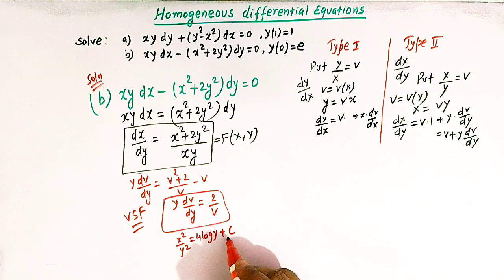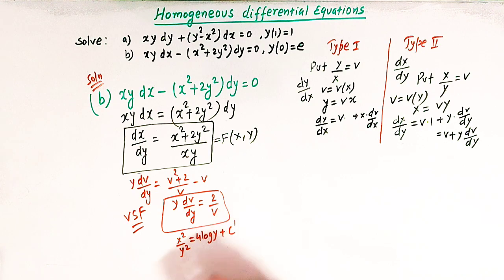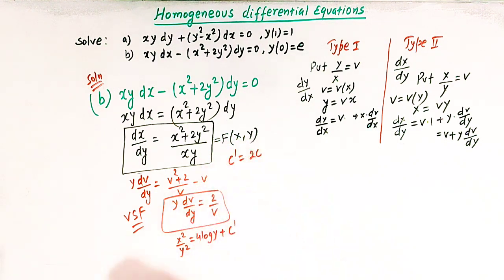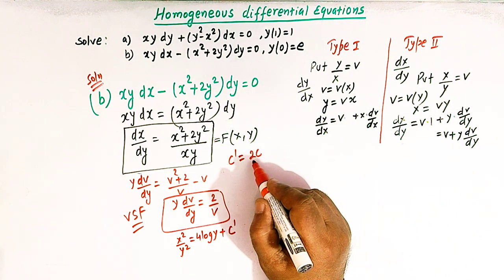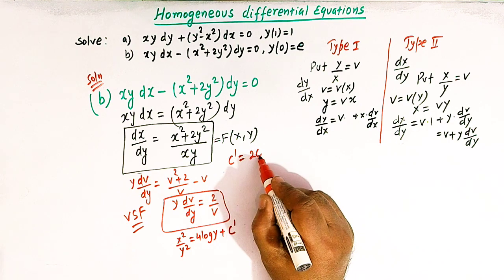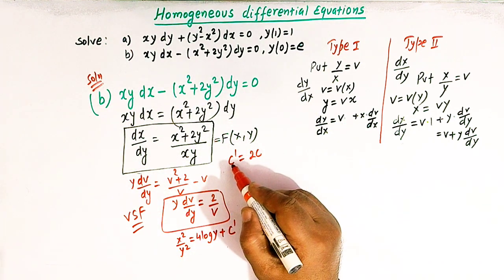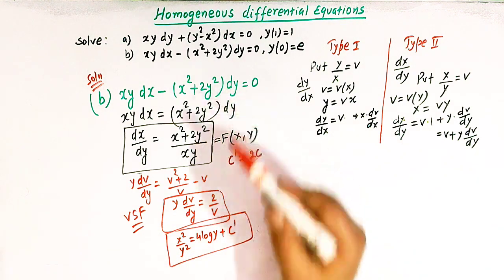So here we can take this constant of integration as a c prime, so that we can replace 2c by c prime, right? So c was our constant of integration, so is 2c, and 2c can be replaced by some other constant, that is c prime, right? So this is the general solution of this differential equation.